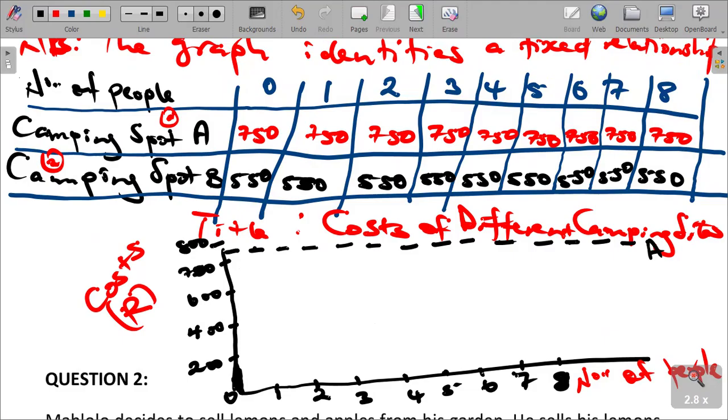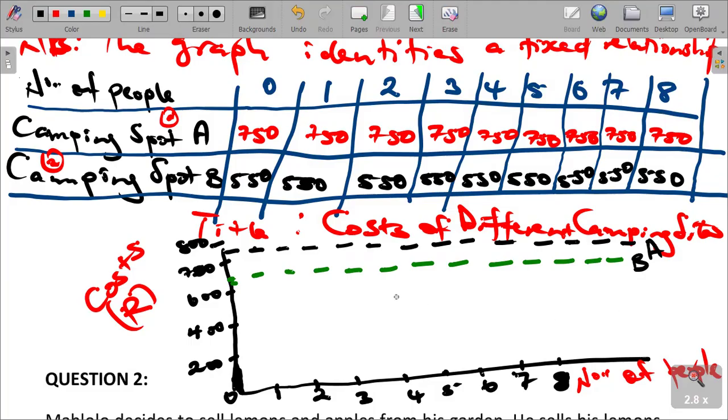And the next one is 550. 550 is going to be somewhere below there, which I can put here to say 550. That is camping site B.